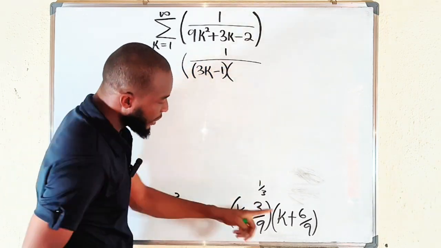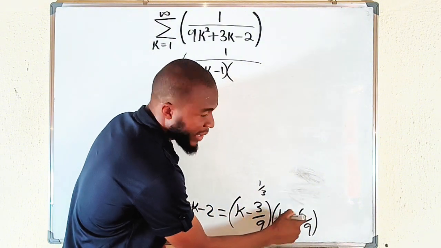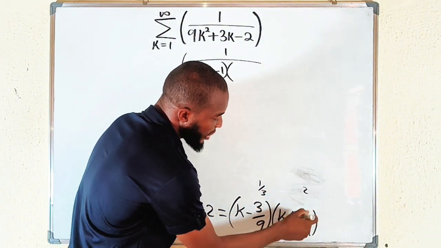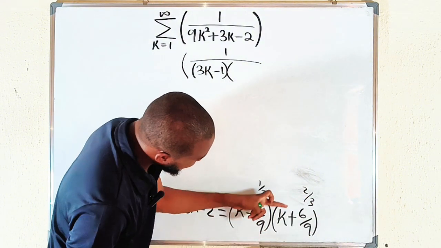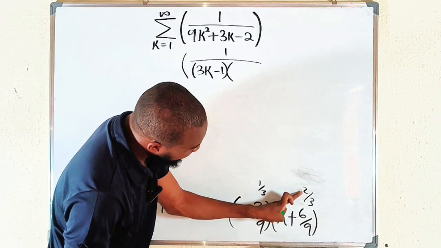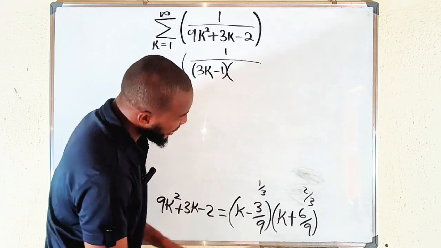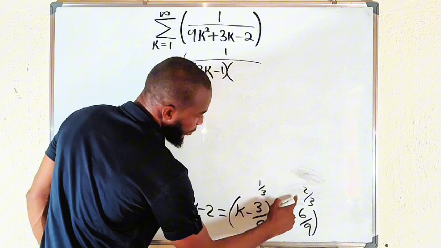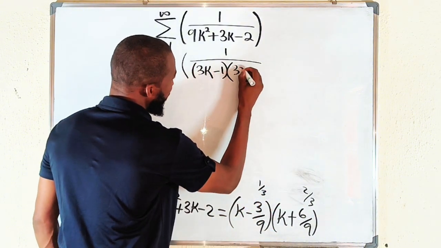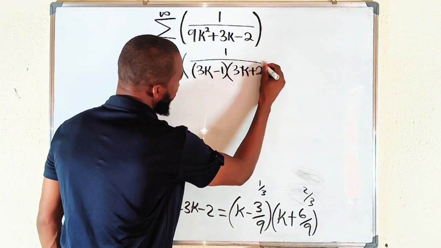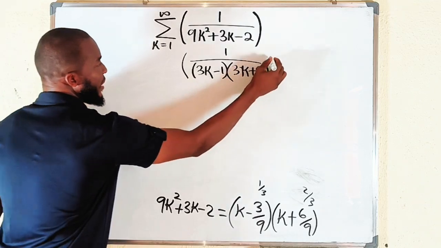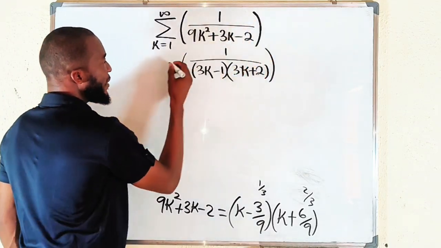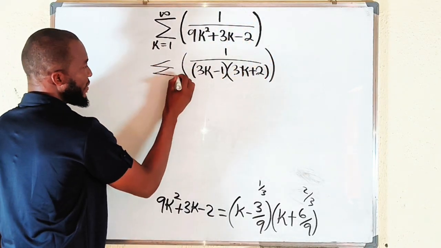Then the other one, in its simplest form: 3 can divide 6 two times, and 3 can divide 9 three times. So you can multiply k and 2 over 3 by 3, so that you have 3k plus 2. So this is what we have. Instead of evaluating this, you can now evaluate this.